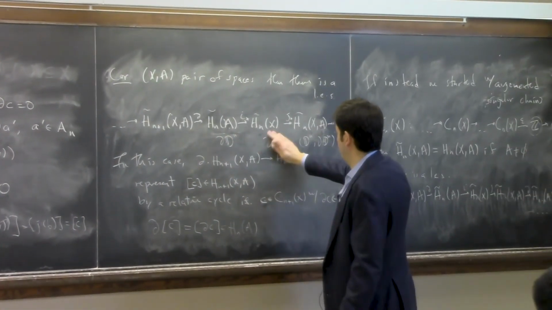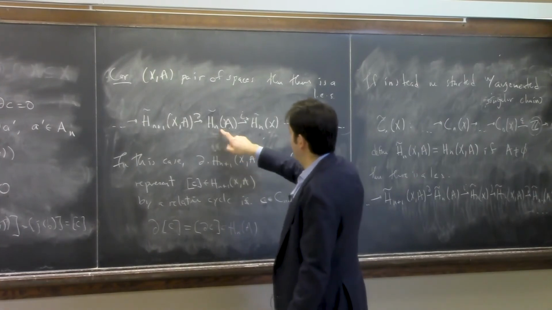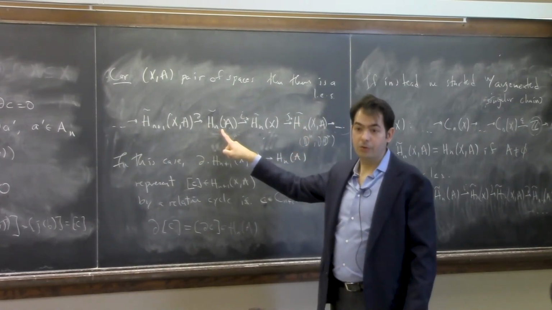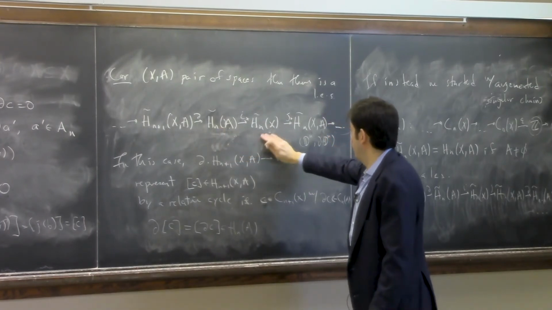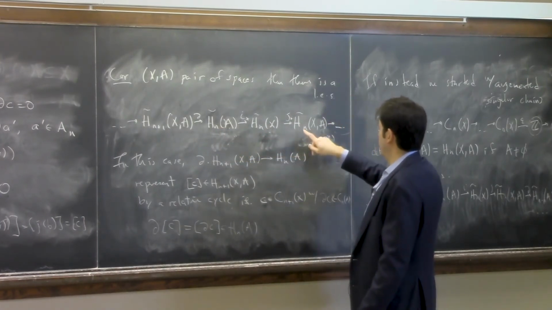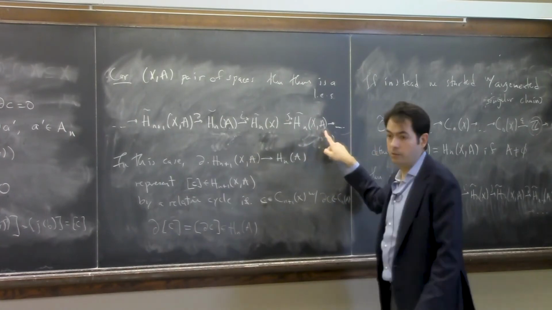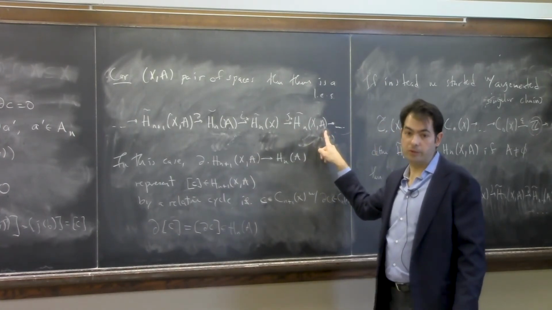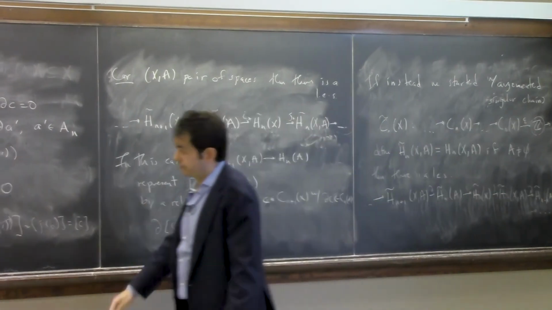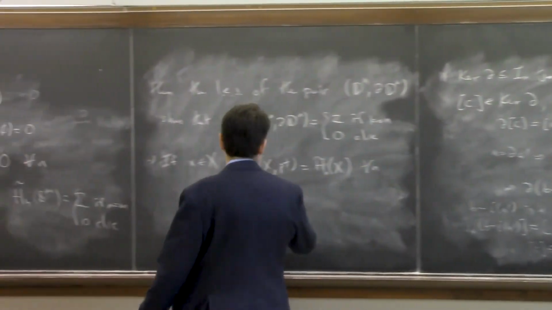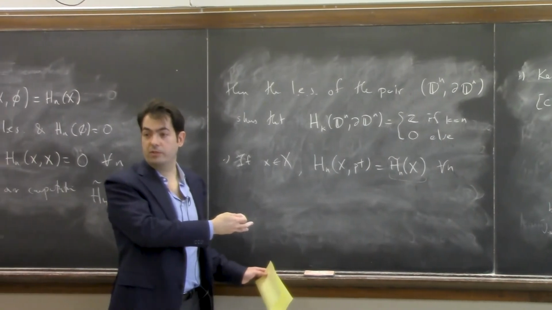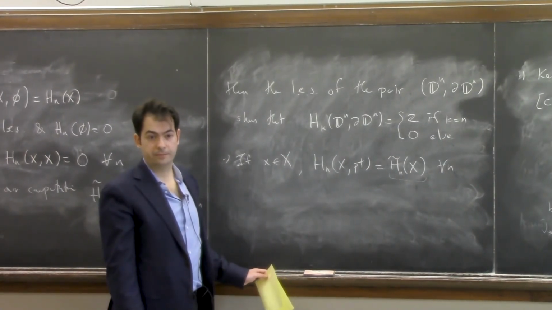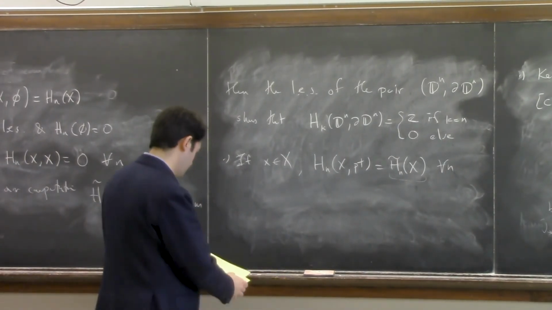In this case, here you have X. Here you have the point. The point is a point, so its reduced homology is always 0. Right. So this is always 0. This is the reduced homology of X, and this would be the homology of X relative to the point. Right. So you could also define reduced homology in terms of relative homology, just relative to a point. Okay.